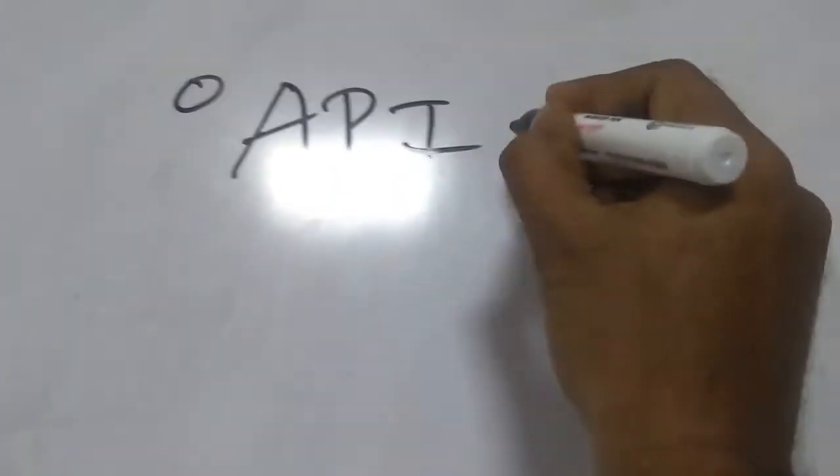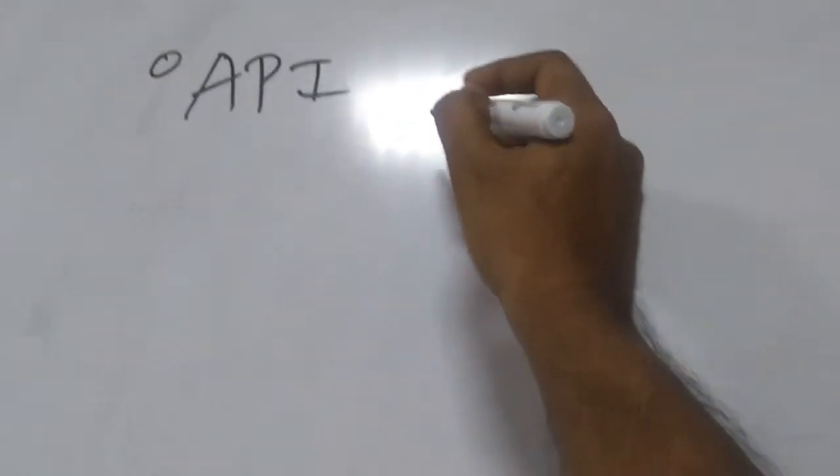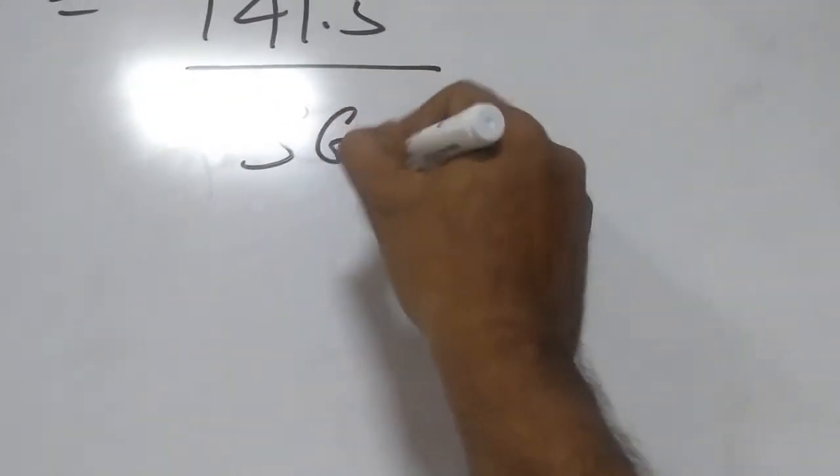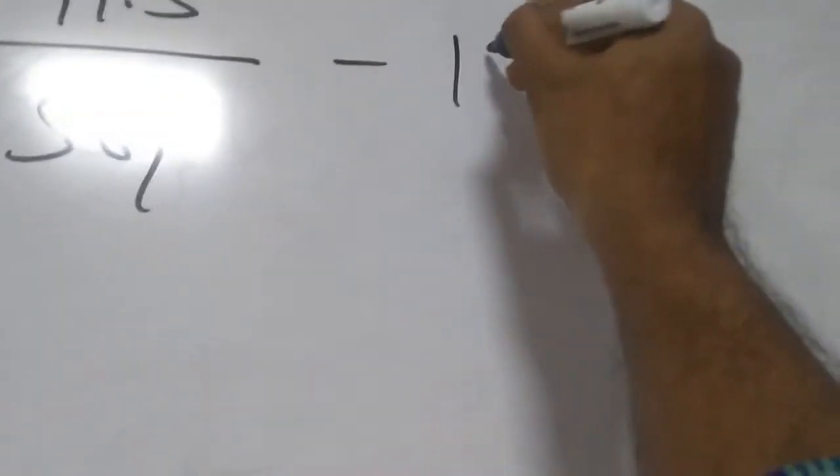So two data are given in degree API. What is the formula for degree API? Degree API is equal to 141.5 divided by specific gravity at 60 degree Fahrenheit minus 131.5, right?